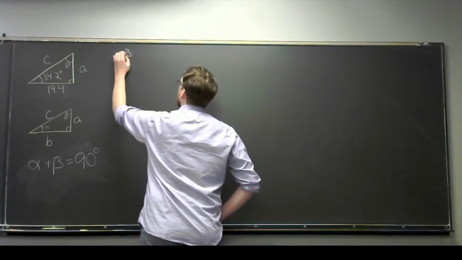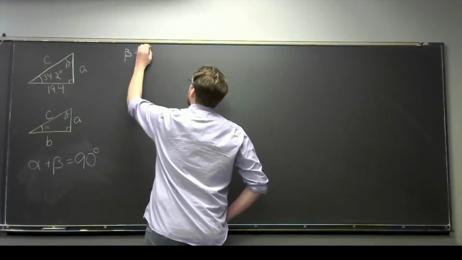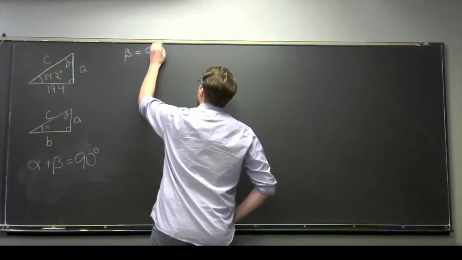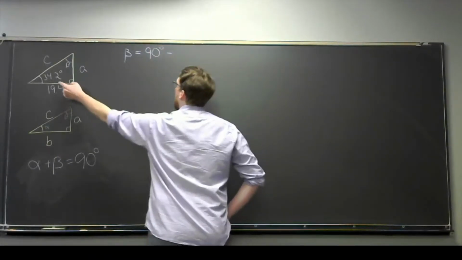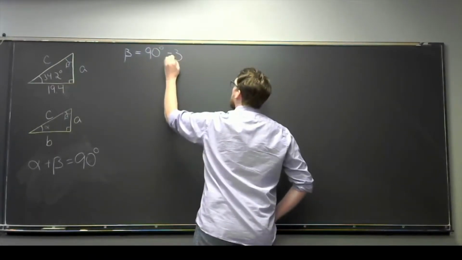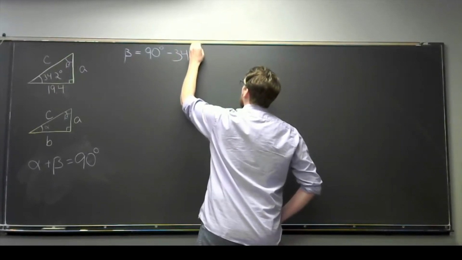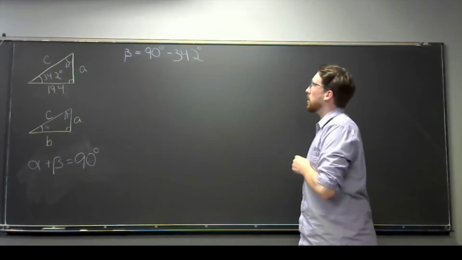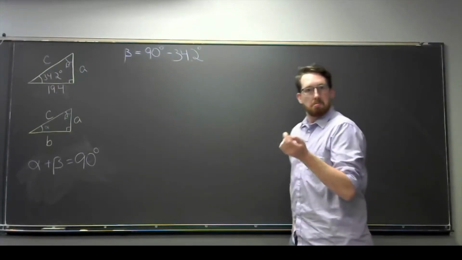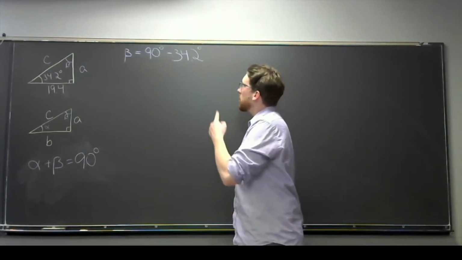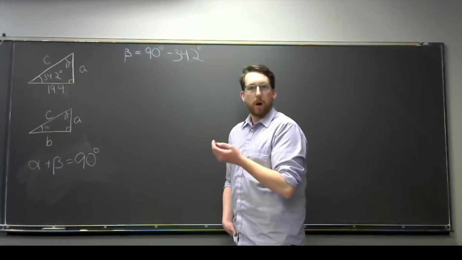Beta is equal to 90 degrees minus 34.2. So that's going to be 55.8 degrees left over.